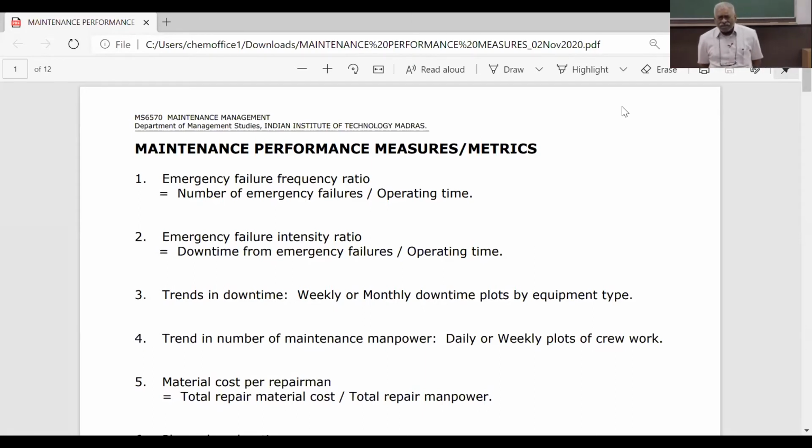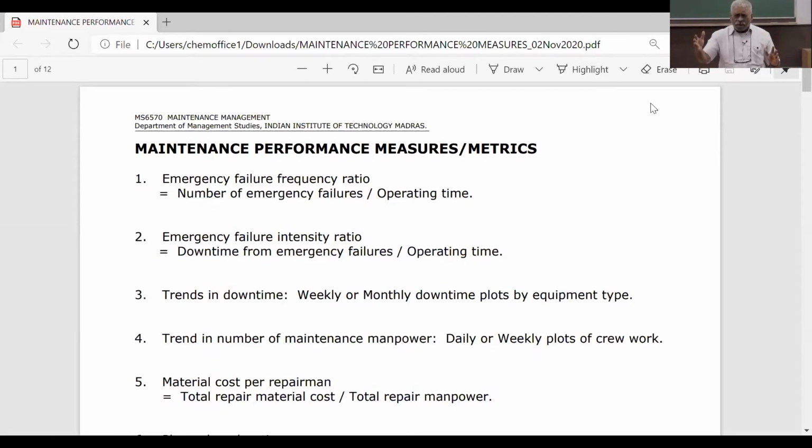The second one is the emergency failure intensity ratio. Now you can see here we are shifting from numbers to time standards. The ratio says downtime due to emergency failures by operating time. Please do recall our discussion some classes earlier about the components of downtime.